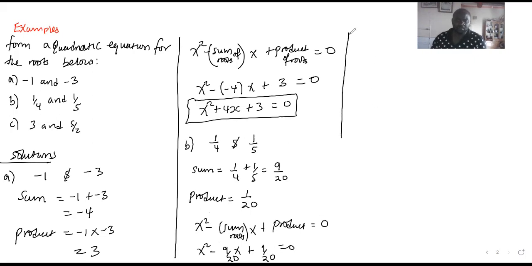For that reason, we can have 20x squared minus 9x plus 1 is equal to 0. And thus, that is our equation. Any question here now?